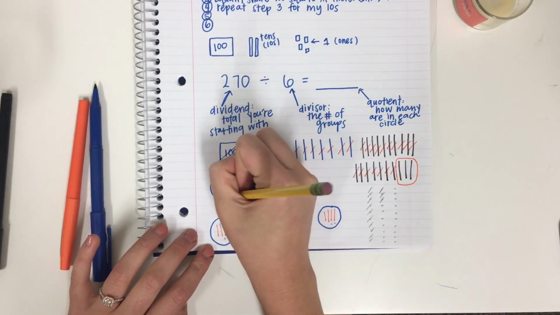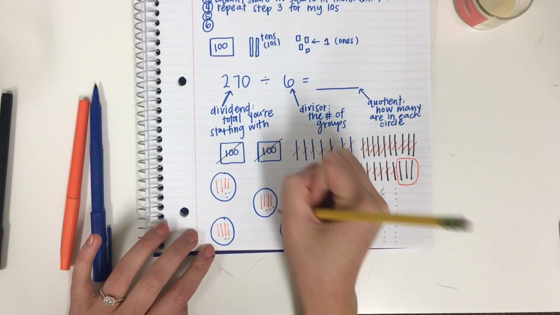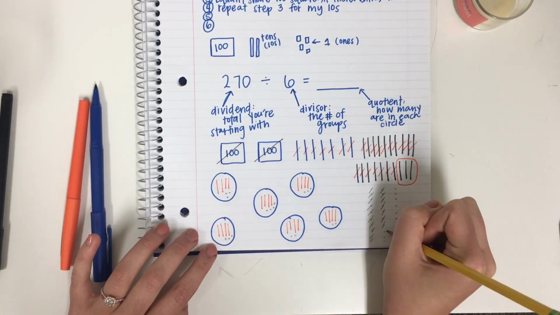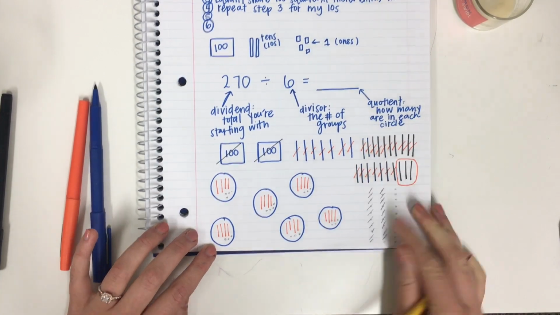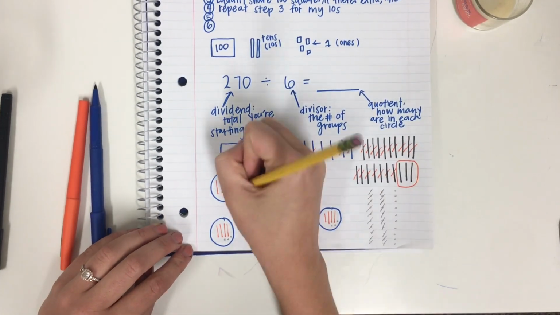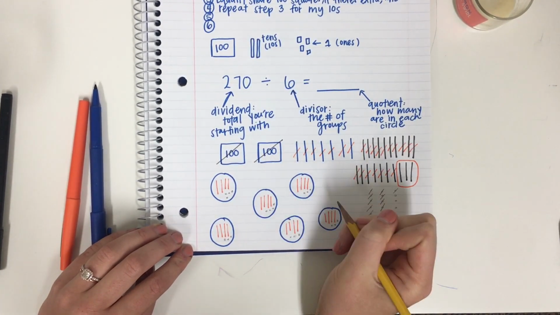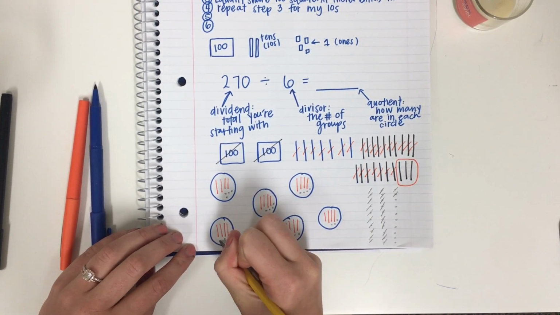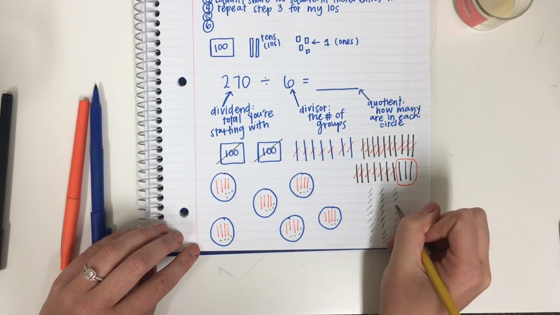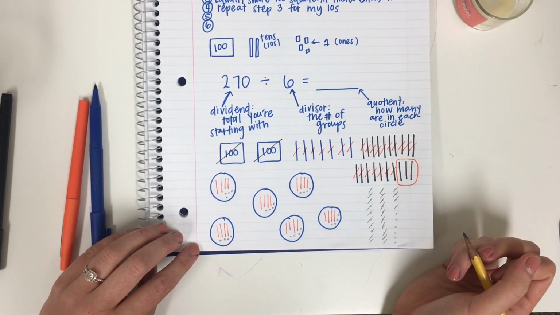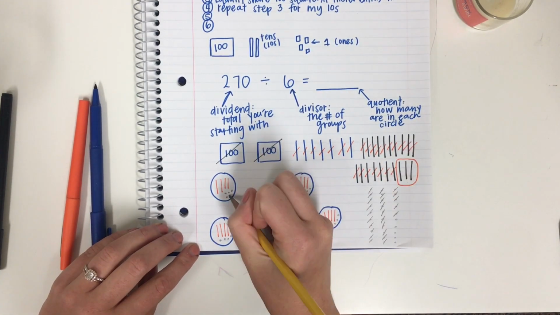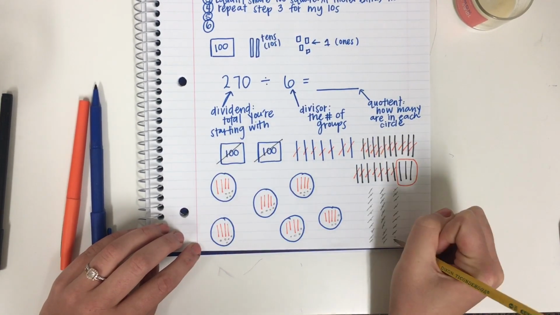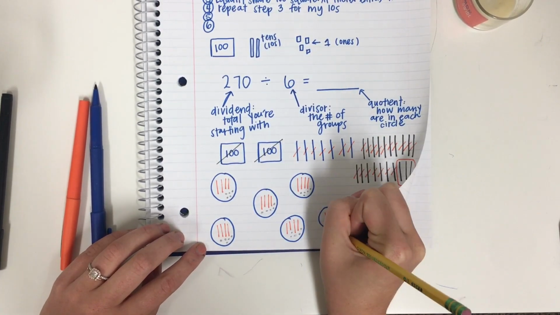Yep. 3, 3, 3, 3, 3, 3, 3. Can I go more? Yep. 4. Oh, I messed up there somewhere. Okay. 4, 4, 4, 4. Can I go again? Yep. 5, 5, 5, 5, 5, 5.